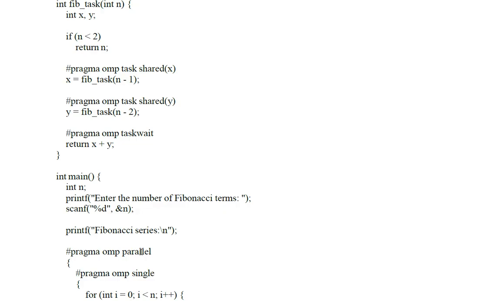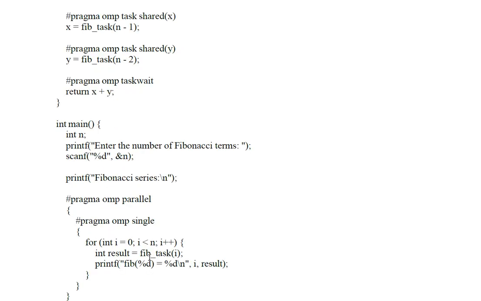The shared x and shared y clauses mean that variables x and y are shared among the threads, that is all threads can access them. So now Fibonacci of n minus 1 and n minus 2 can be computed in parallel. Then we have to synchronize the data, that is return x plus y.